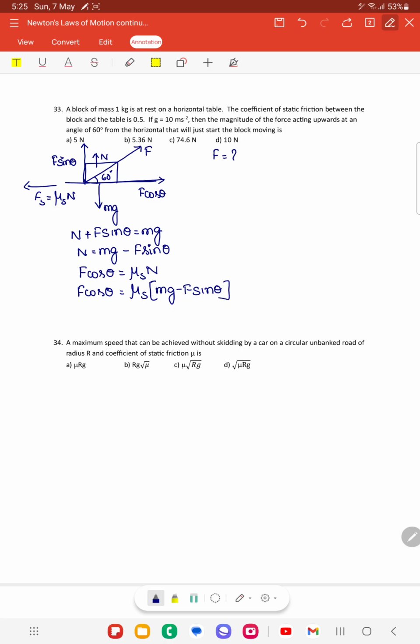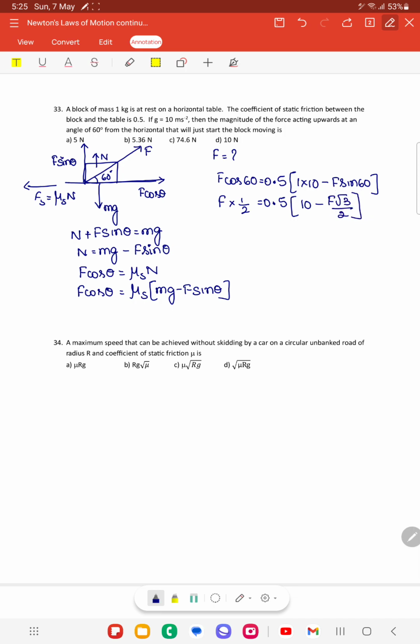So substituting the values, we have F cos 60 is equal to 0.5 into (1 into 10 minus F sin 60). F cos 60 is 1 by 2, so it is 0.5 into (10 minus F into root 3 by 2).